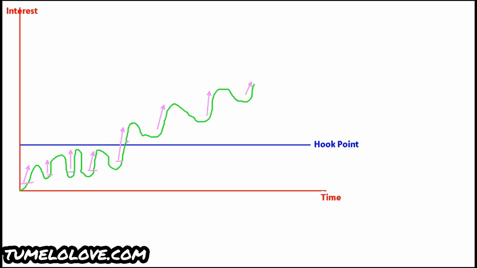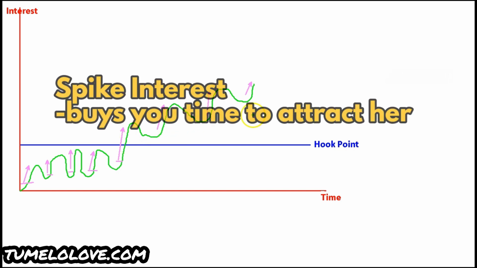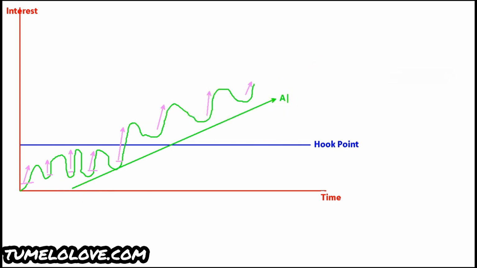So basically, these spikes in interest allow you time to attract her. The main reason you're doing this is that it's buying you time to actually attract her.